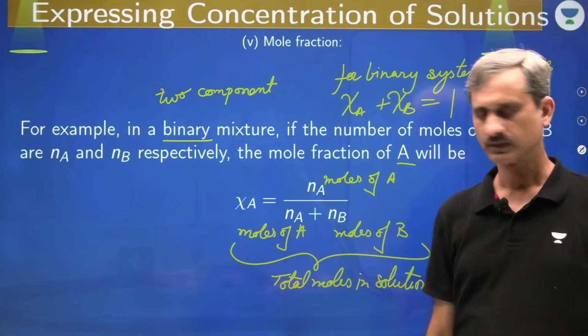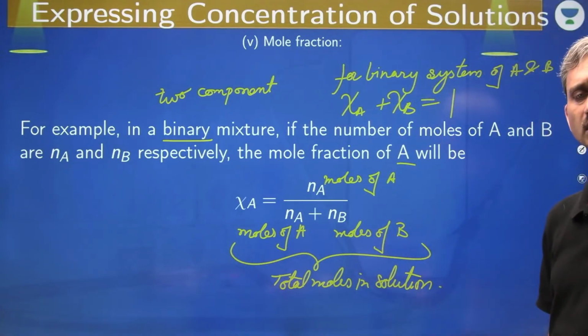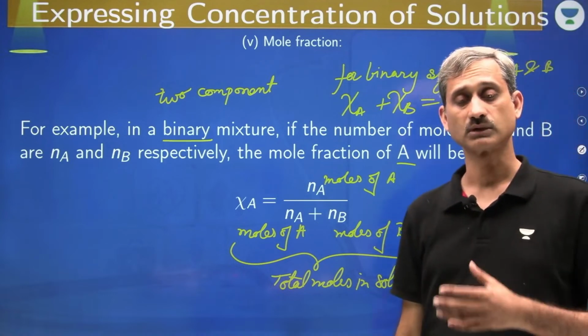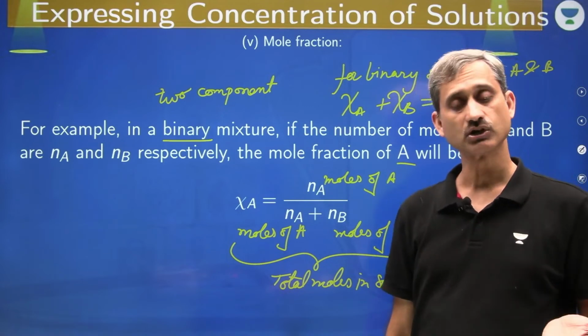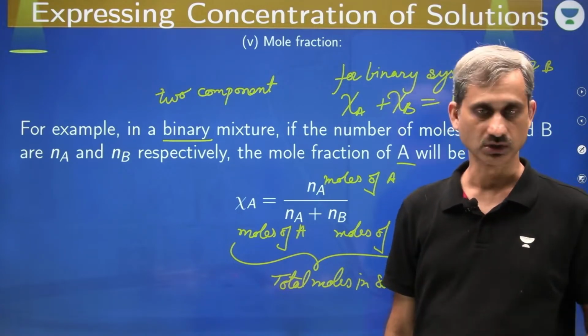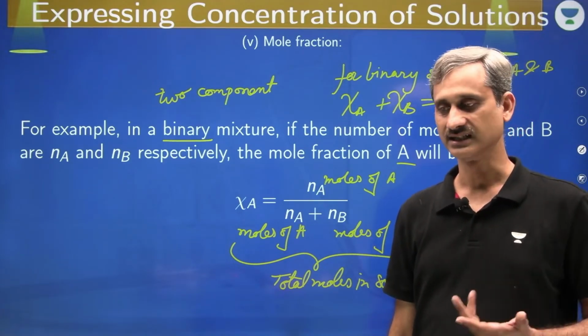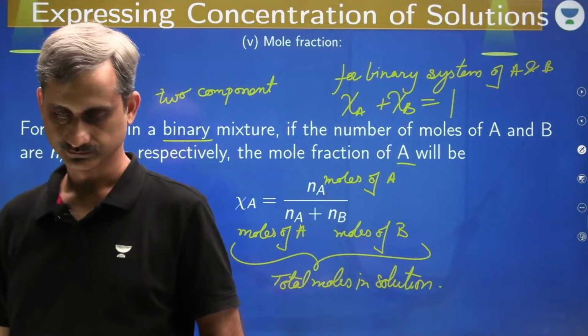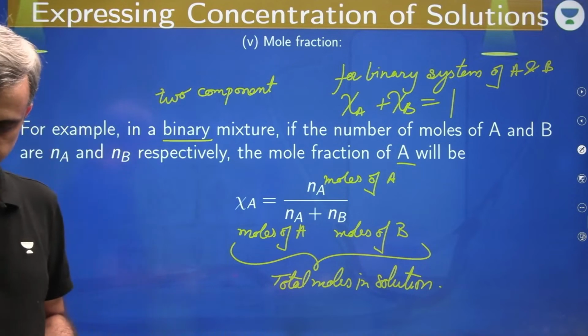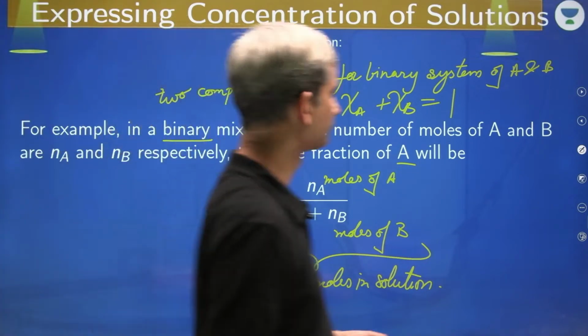Is this clear? So, Piyush, remember that finding out the number of moles is not necessarily mass by molar mass. It could be volume by molar volume also. It could be charge by molar charge also. It could be number by molar number also. So it's not necessarily mass, it could be anything else as well. Clear?